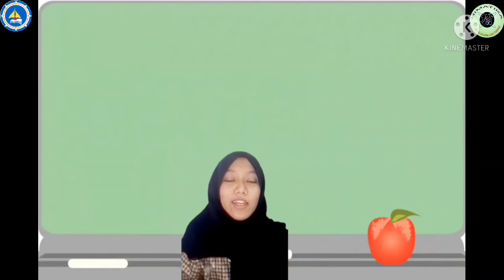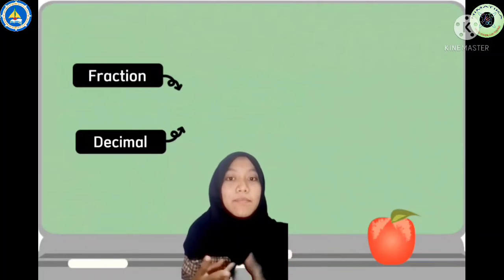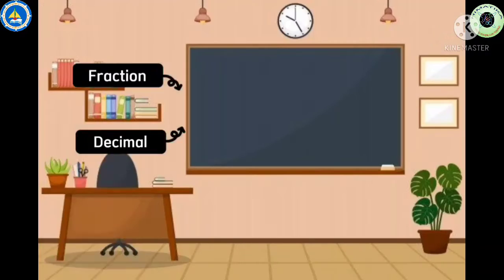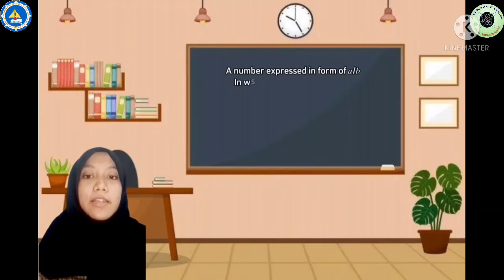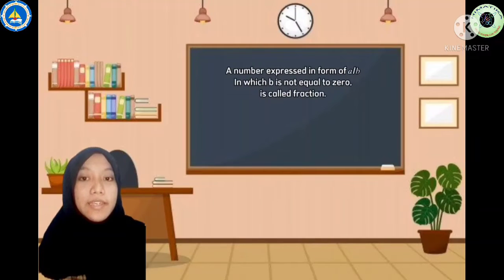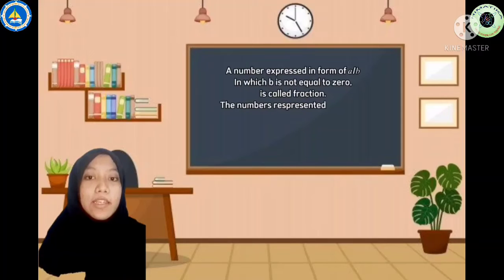Now, I would like to move on to the next point: fraction, decimal, percentage, and power. Now, I would like to explain about fraction. A number expressed in form of a over b in which b is not equal to 0.